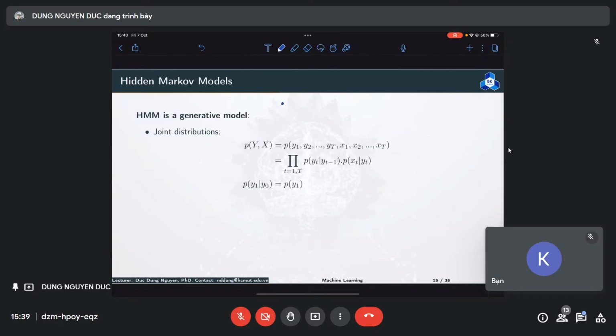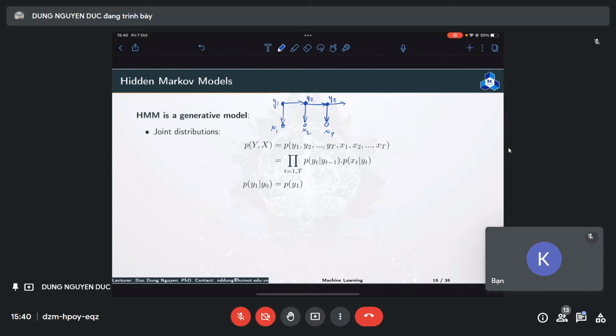You can easily form it this way. This is Y1. This one gives you X1, and Y1 gives you Y2. Y2 gives you X2. Y2 gives you another Y3. Y3 gives you X3.